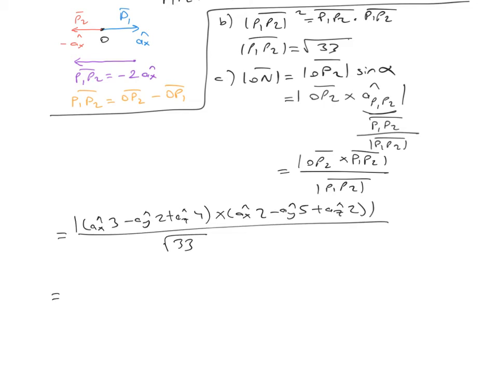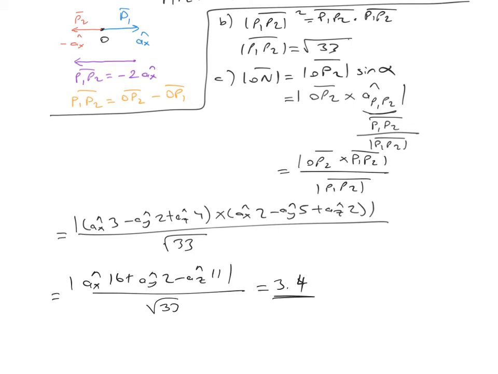And the cross product operation is equal to... and the result is 3.4. This is the magnitude of vector ON.